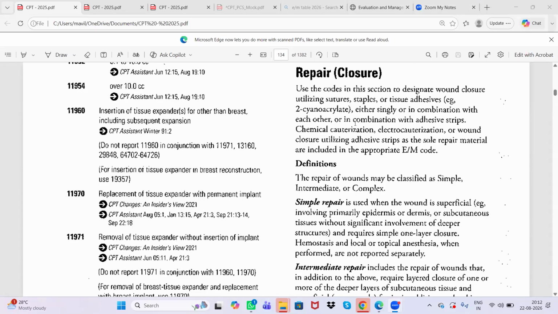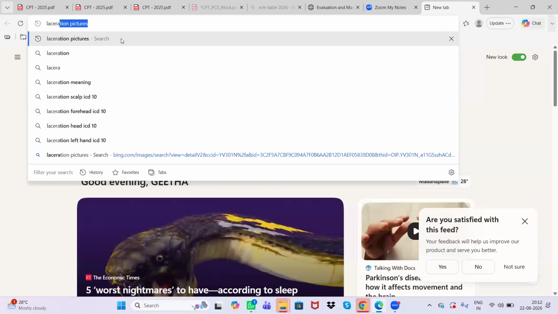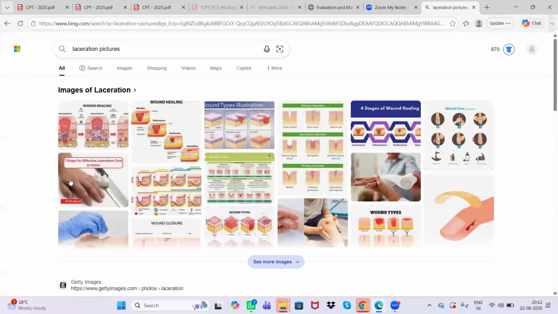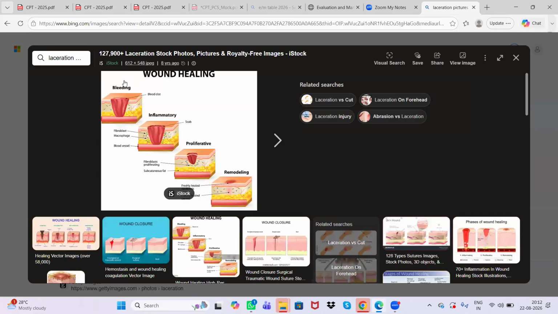For superficial, all right. Whenever deep cuts like a laceration happen in any area of the body, I'll show you the lacerations first. Here you can see, laceration means a deep cut into the skin.